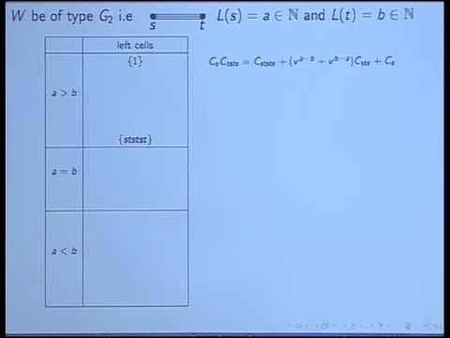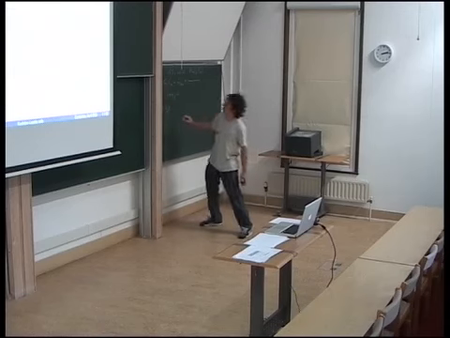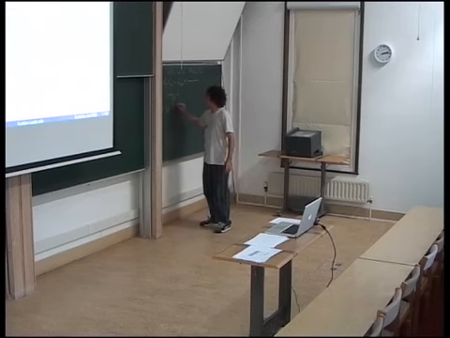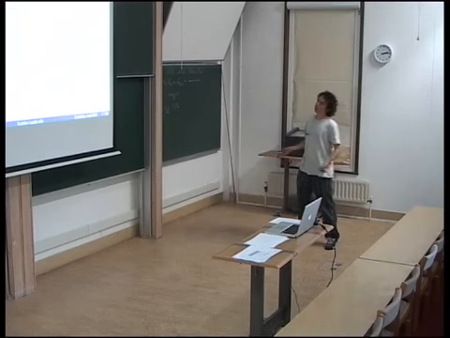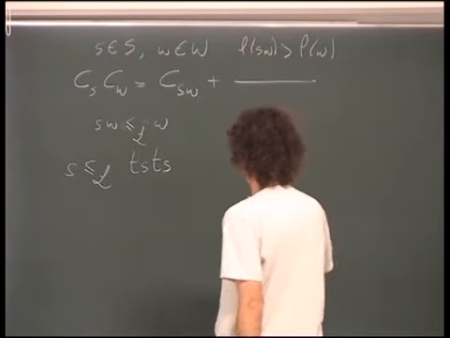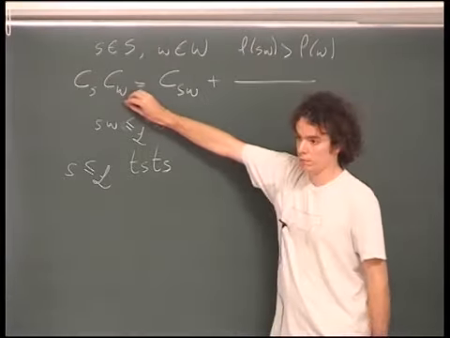So if you multiply these two things, then there is a C_S appearing there. If I use the definition, this tells me that S is less or equal to TS in the left order. But on the other hand, TS is less or equal to S in the left order using this relation.